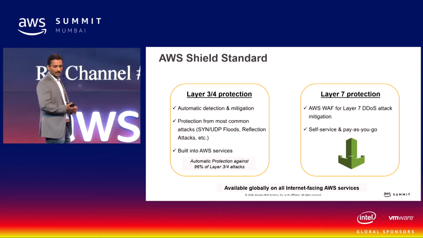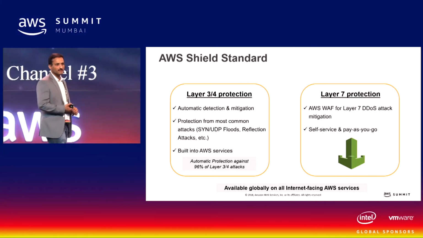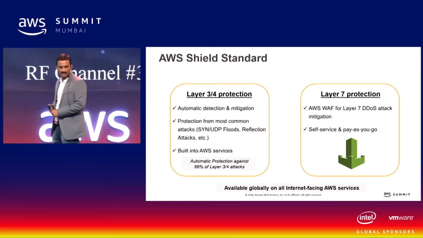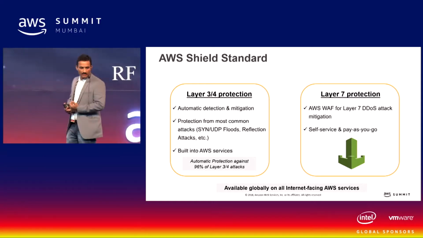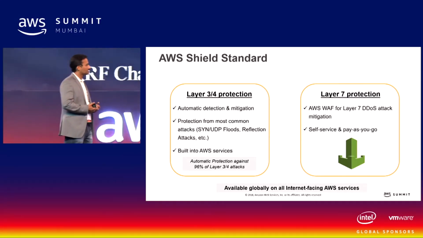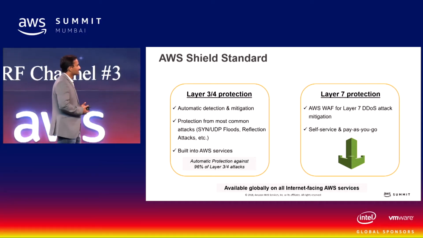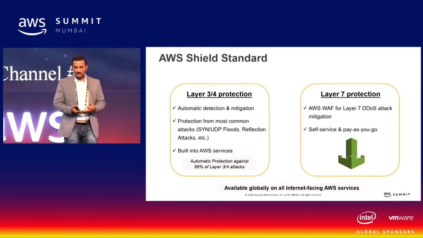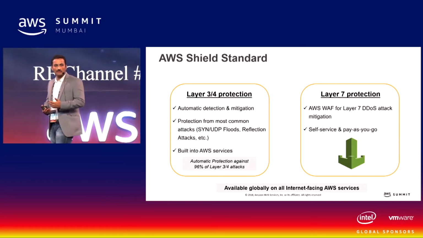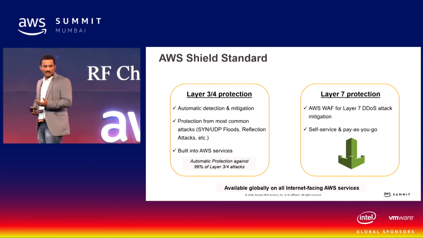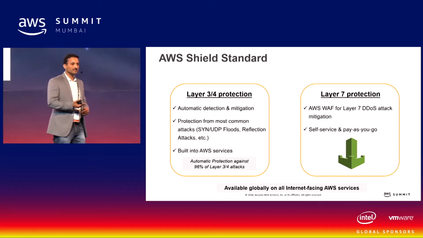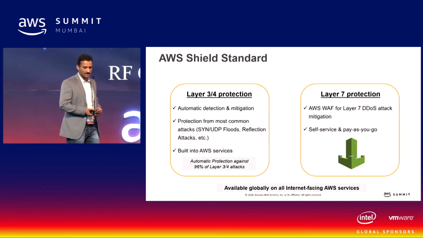By default, it protects you against 96% of the known layer 3 and layer 4 attacks, like UDP floods, SSDP reflections, or other types of reflection attacks. Beyond layer 3 and layer 4, if you want to protect your content, you can subscribe to a web application firewall. I will talk about AWS's web application firewall in subsequent slides.